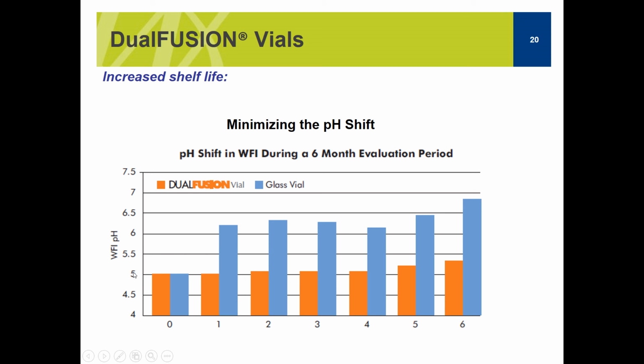With DualFUSION, it increased marginally at 6 months, but with a glass vial, you can see it increased significantly. It went from 5 to 6 to almost 7 here. So that's huge. If you had a drug in here that was sensitive to pH and needed a pH of 5 to 6, this drug would have gone bad by now because of that pH shift. So the pH shift is pretty strong.